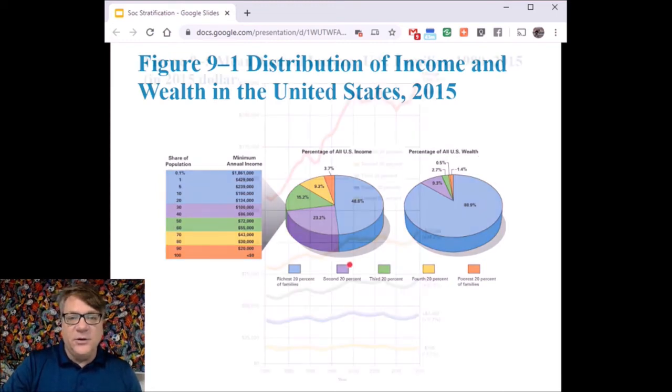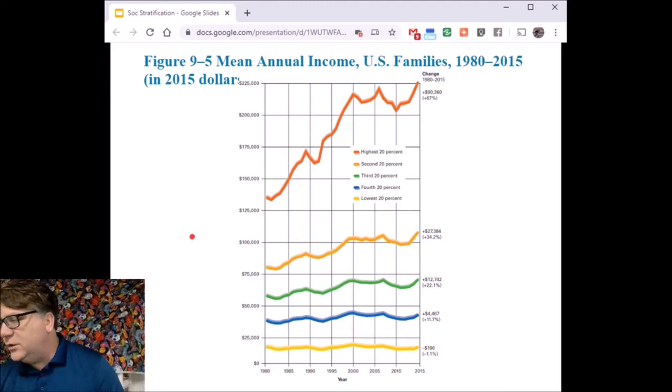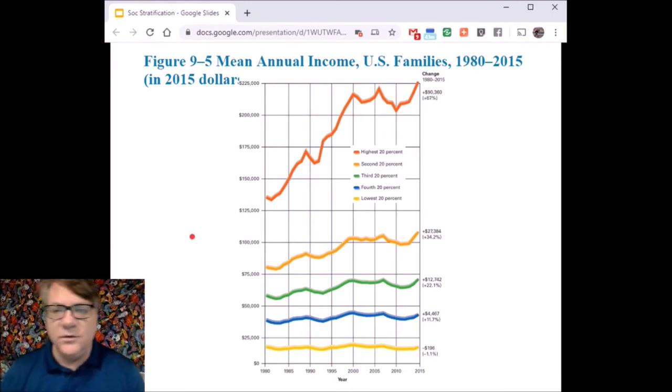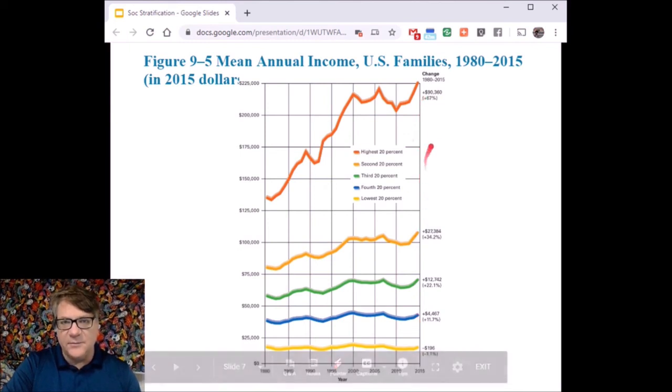Something I want to conclude on here is this chart. This is pretty remarkable. Now, this is going to be found on page 269. So I'll give you a chance to turn to page 269. So what I was just showing you, that last pie chart, was based upon data from this year right here, 2015, okay?